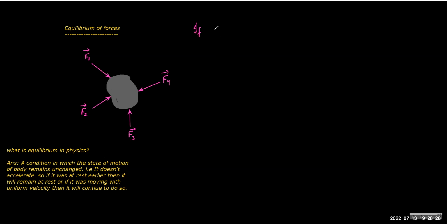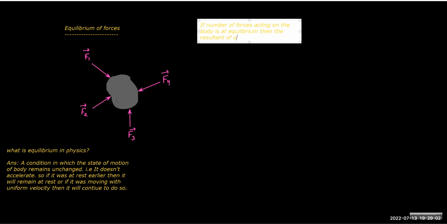So if a number of forces acting on the body are in equilibrium, then the resultant of all forces must be zero, which simply means if you add all the forces, it will give you zero resultant.